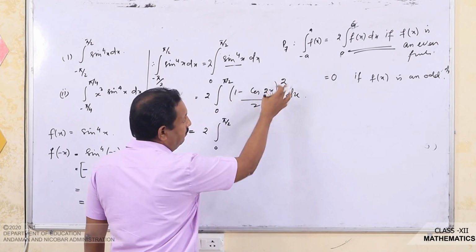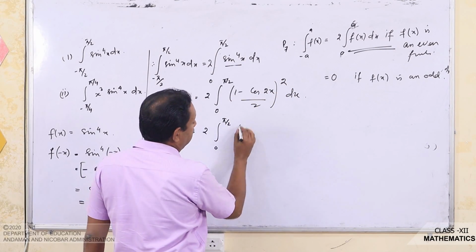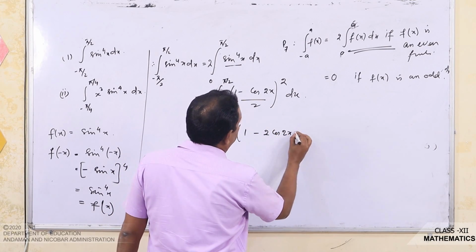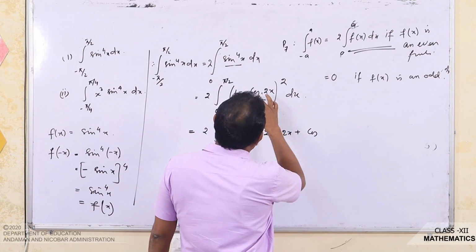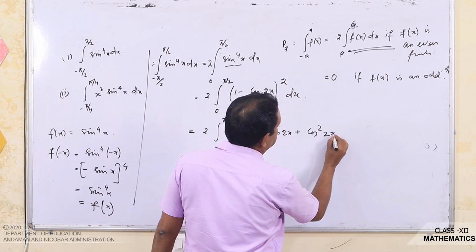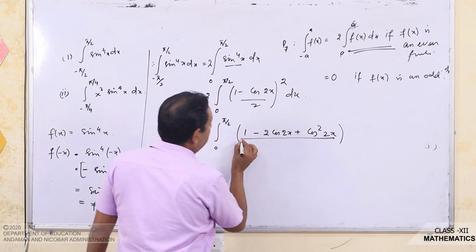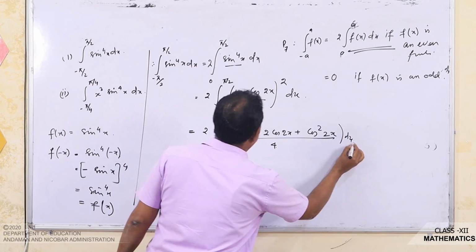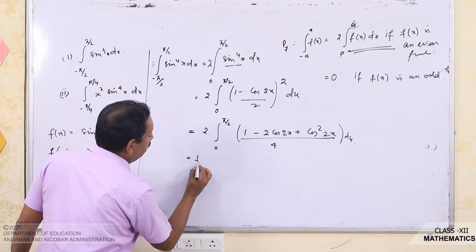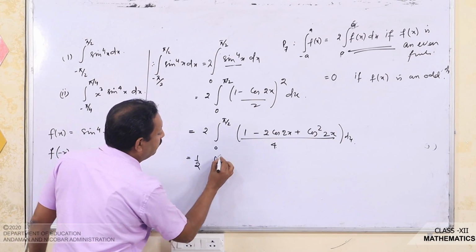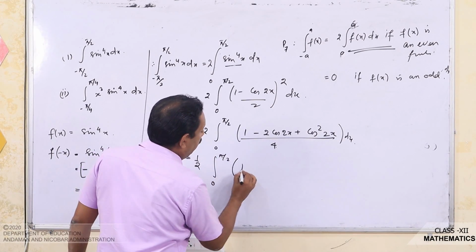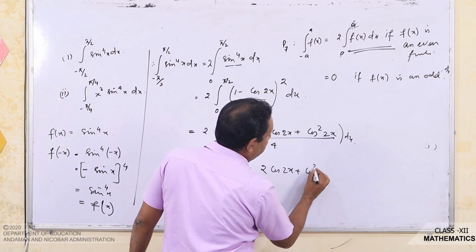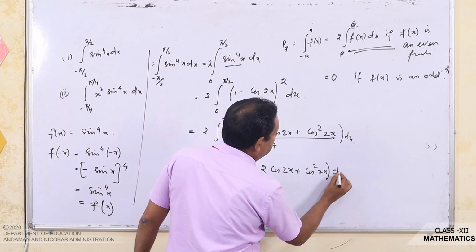Here I can apply the a minus b the whole square form, that is 1 minus 2 cos 2x plus cos square 2x, divided by 4. So, I bring this 4 out of the integration sign. That will give you 1 by 2 times the integral from 0 to pi by 2 of 1 minus 2 cos 2x plus cos square 2x dx.